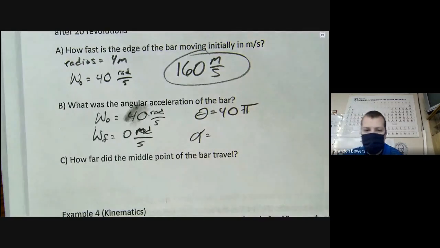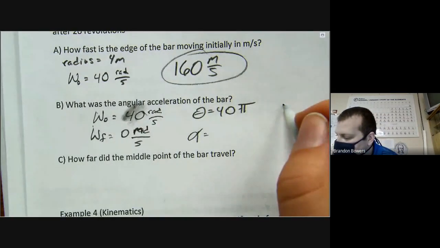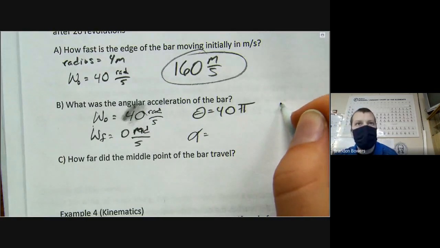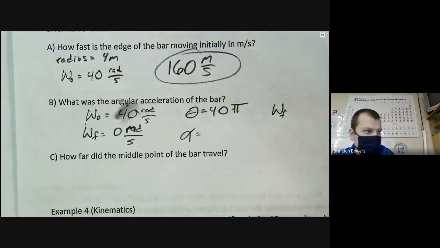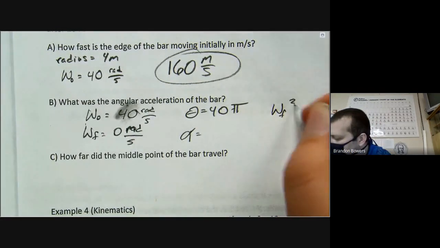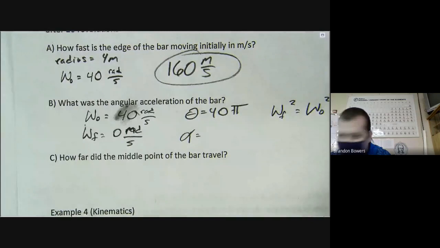What equation are we going to use? We're going to use the third equation: omega final squared equals omega initial squared plus 2 alpha theta.